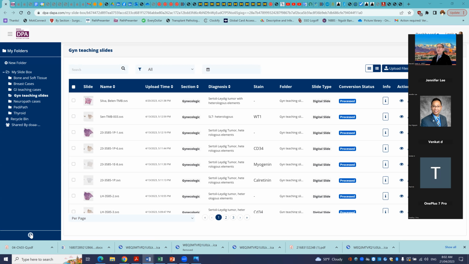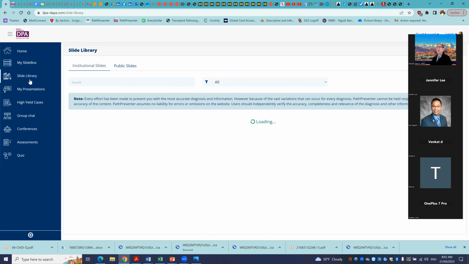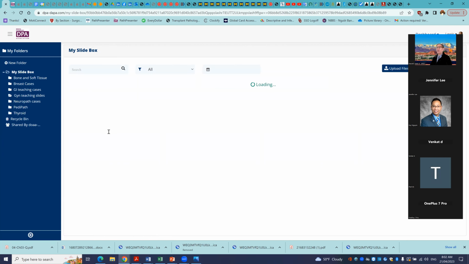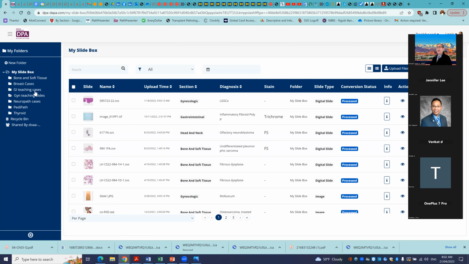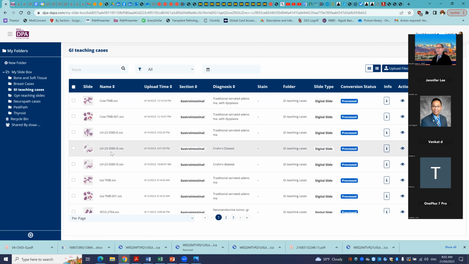So let's see. This was a case that I pulled from our slide library. Let me show you case 11, because that was from my own personal collection here. And this is a patient who had appendiceal Crohn's disease.